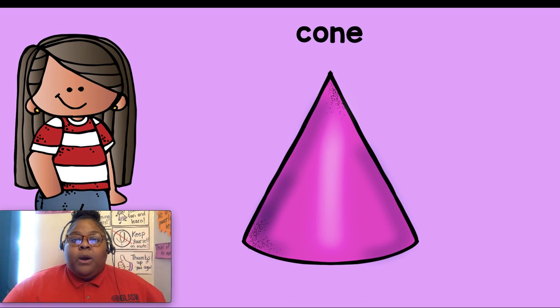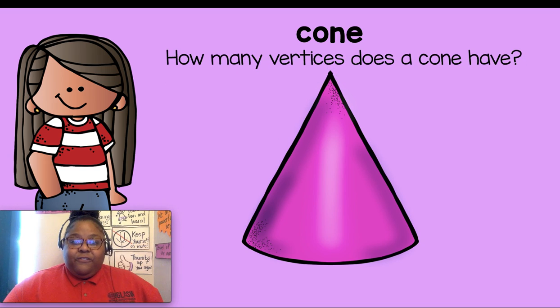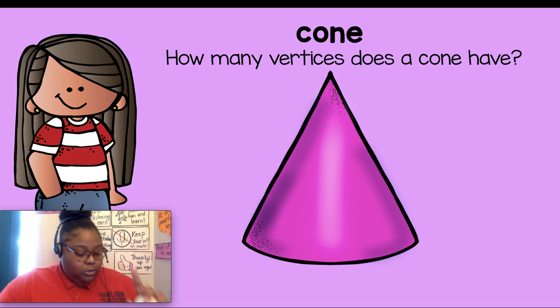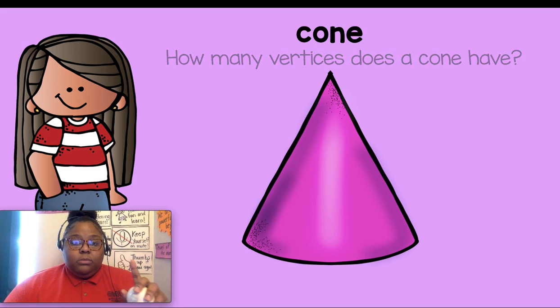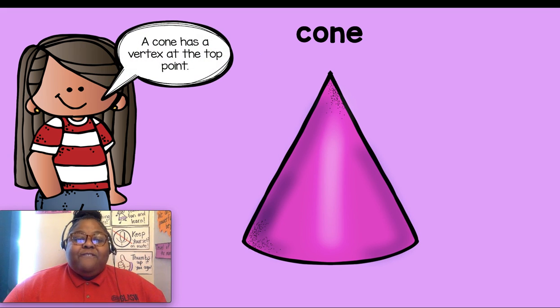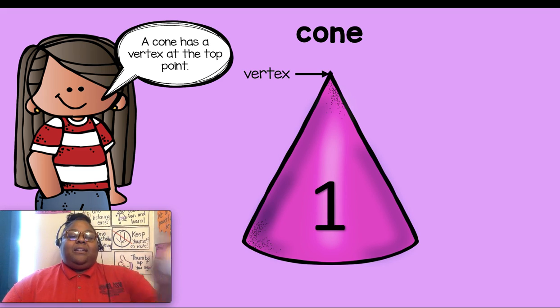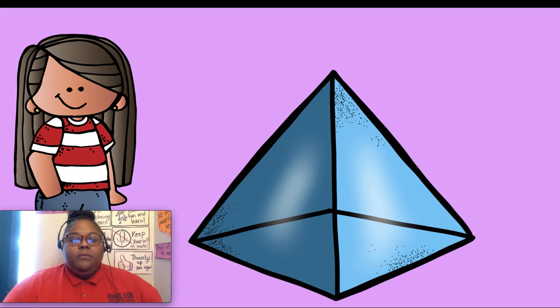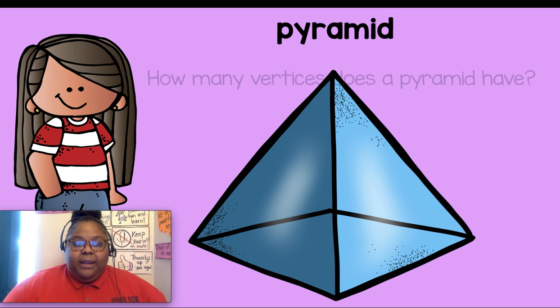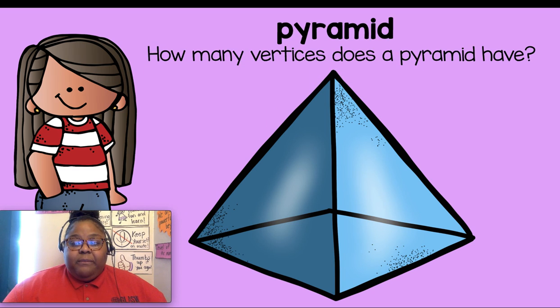How about our cone? How many vertices does a cone have? A cone has a vertex at the top point. That's the vertex. So it has 1. A pyramid. How many vertices does a pyramid have?